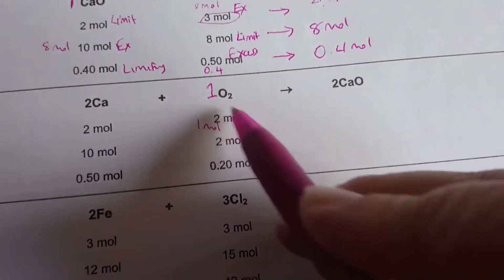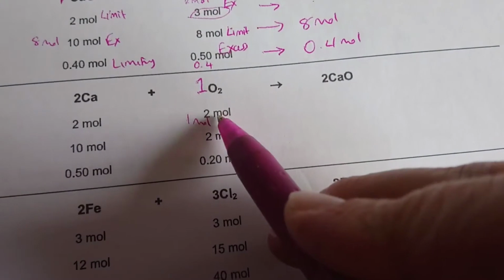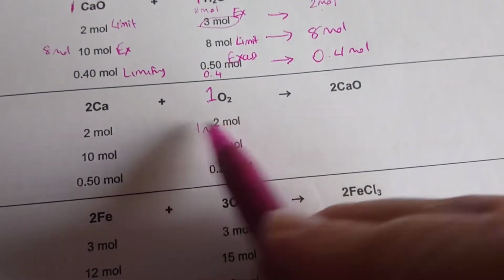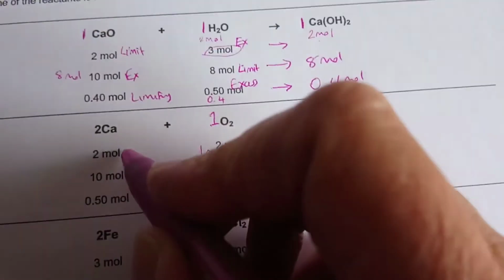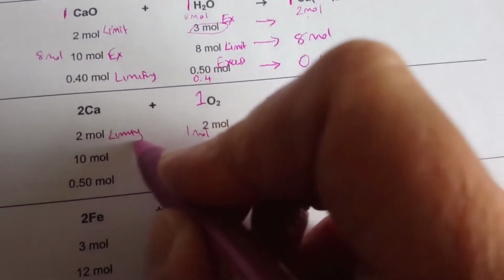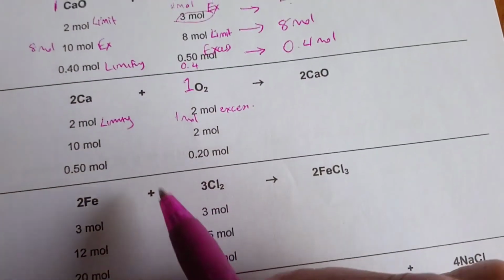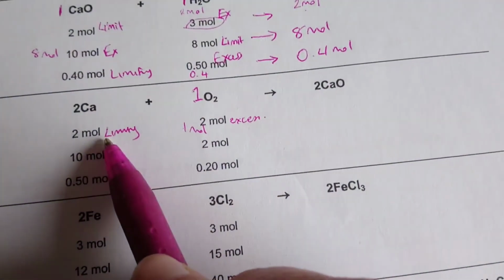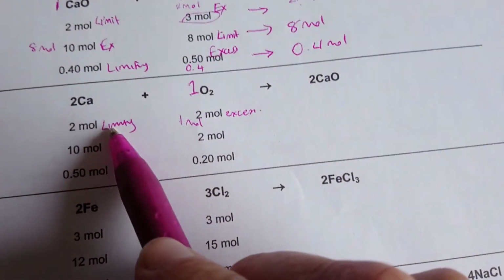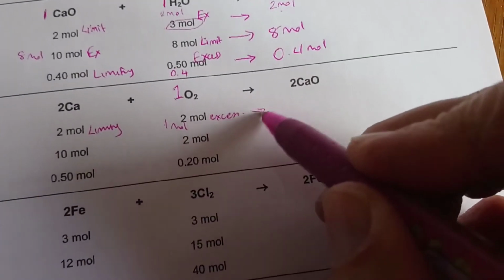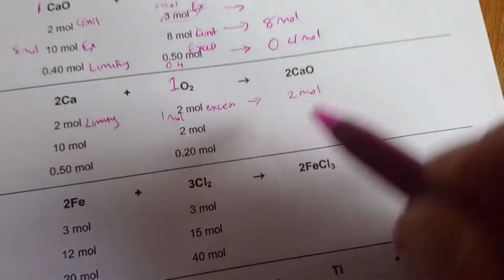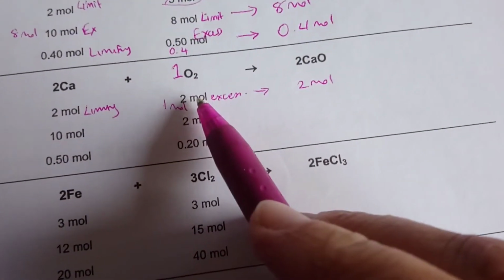However, if I had 2 moles here, I would actually need to have 4 moles here. So here is my limiting, here is my excess. So because this is the limiting one, I can only ever make 2 moles. And I'm actually going to have 1 mole of excess oxygen.